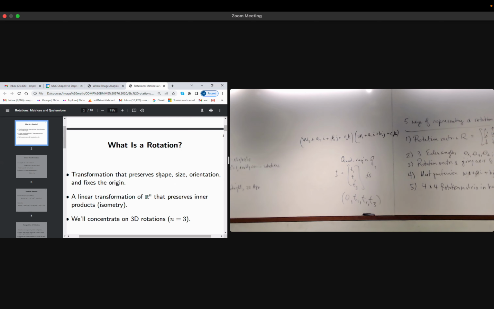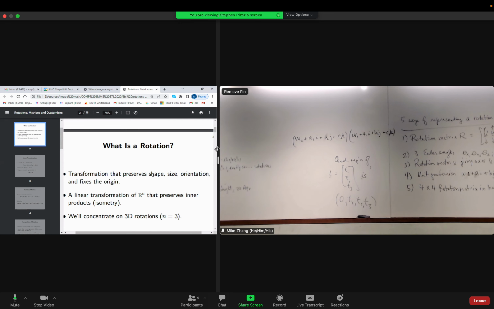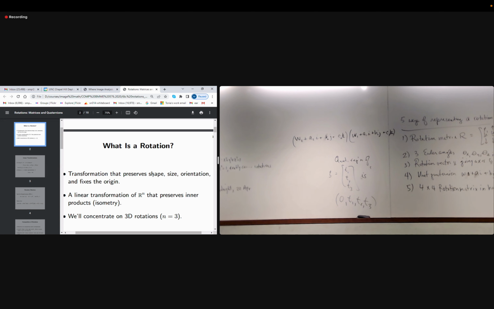Anyway, you show that it satisfies all of these rules. It leaves the 0 vector as the 0 vector. The rotation of two vectors and taking the dot product gives you the same as the angle between the original vectors, and the application to a vector of any size leaves the size alone.